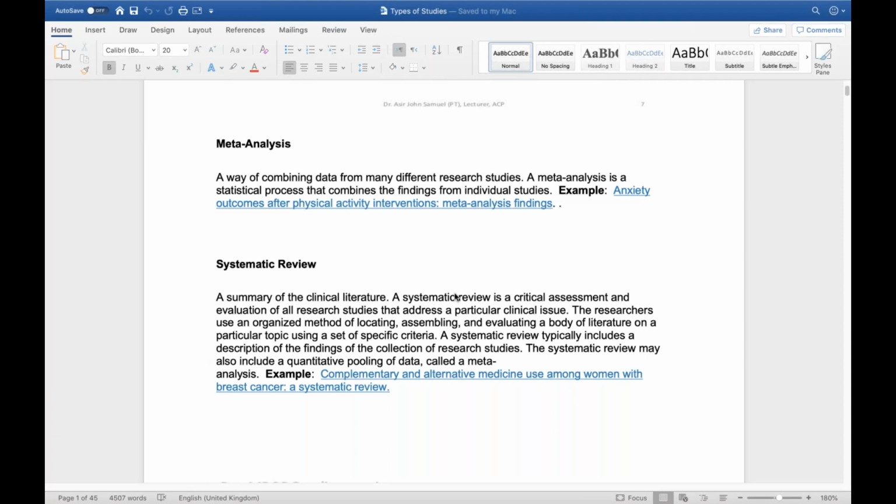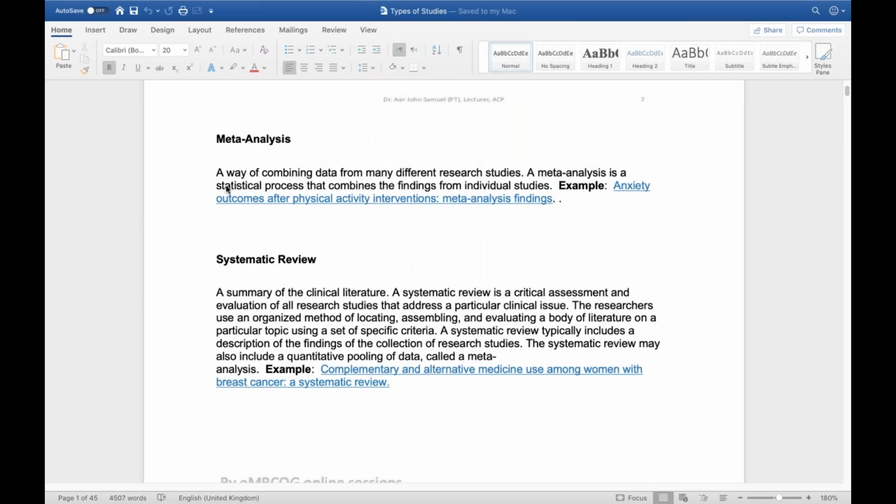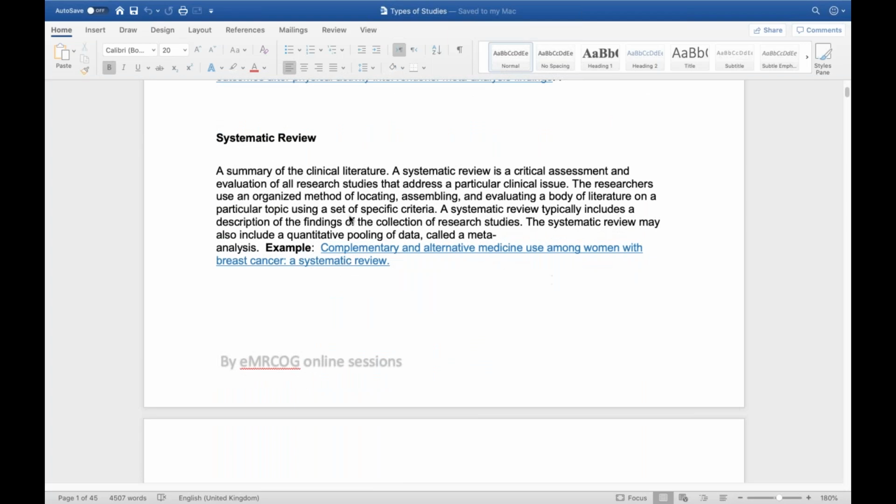Okay, so I will go through them again quickly, reading what is written here. Meta-analysis is a way of combining the data from many different research studies. Meta-analysis is a statistical process that combines findings from individual studies. We spoke about that. Systematic review is a summary of clinical literature. Systematic review is a critical assessment and evaluation of all research studies that address a particular clinical issue.